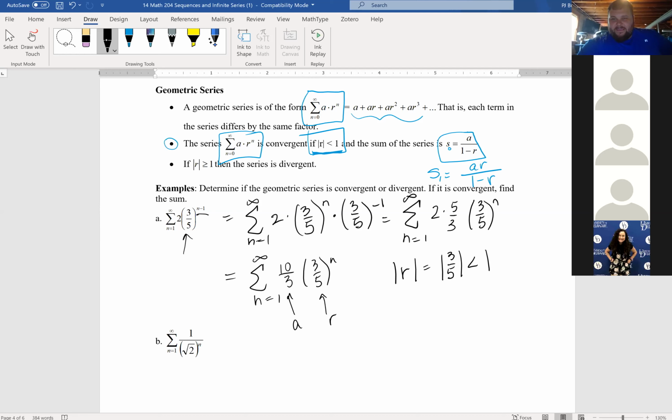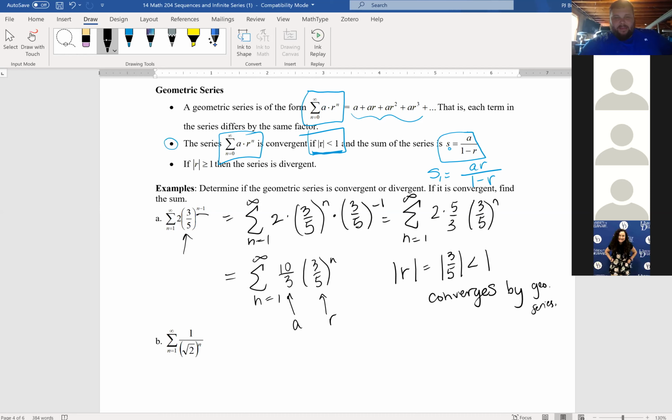Obviously, that is the case, right? 3/5 is smaller than 1. So this converges, and we'll say by geometric series. So we've proven that it converges.